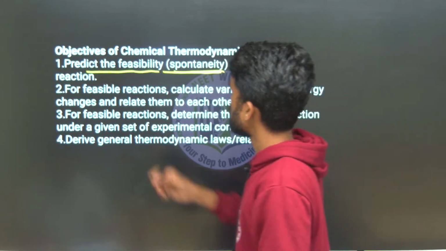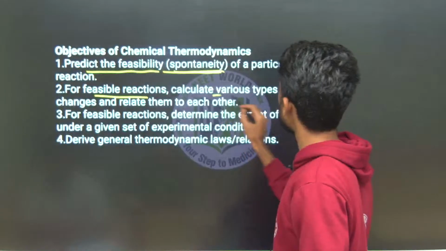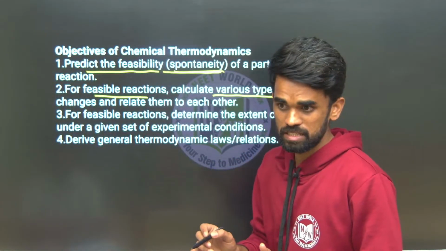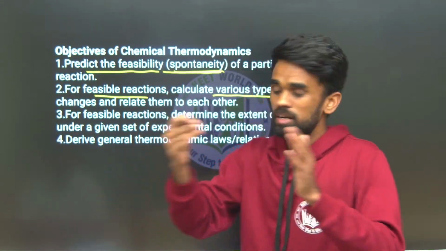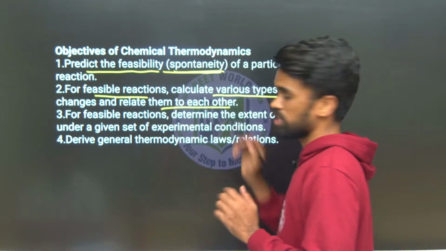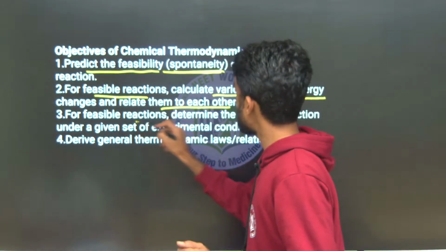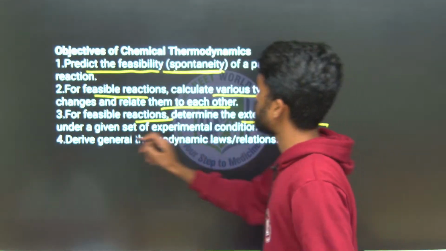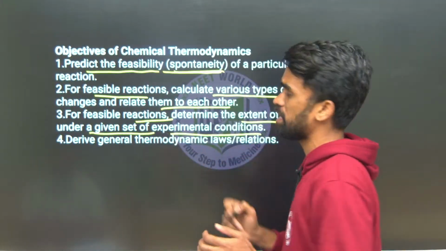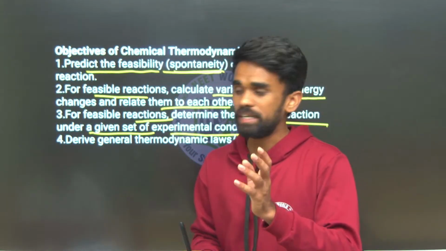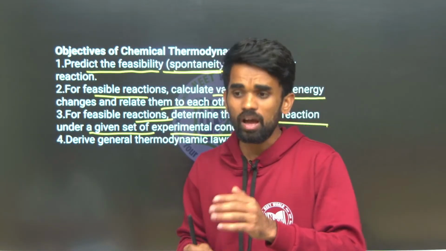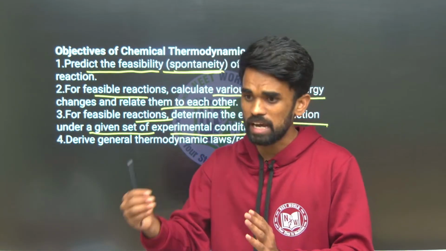Next, for a feasible reaction, we calculate various types of energy changes and relate the reactant side and product side to each other. For a feasible reaction, we also determine the extent of reaction under a given set of experimental conditions. For example, if I take the temperature as 50 degrees, how does the reaction take place?